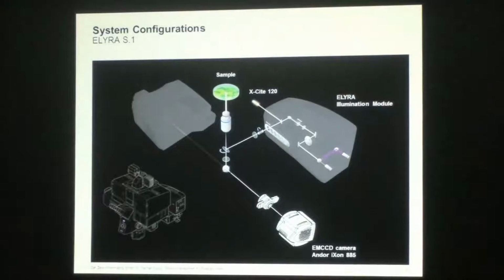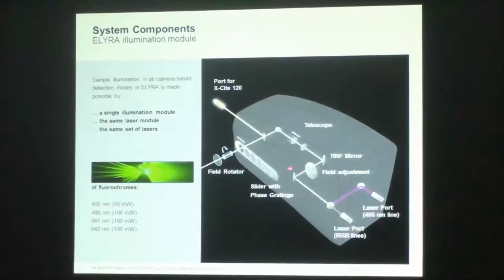So in this system, as you can see, this is the scan head with 405 UV laser and 488, 561, 630, 642 nanometer visible lasers combined with a beam combiner, and it comes through a grating. Here, we don't rotate the grating, as in the case of Gustafsson's original system, but we use a field rotator.